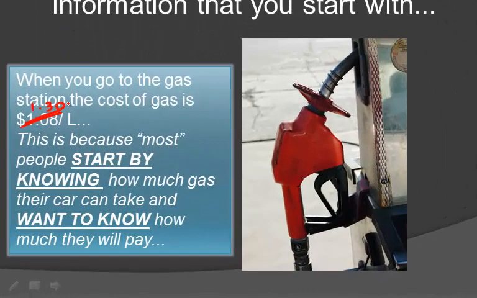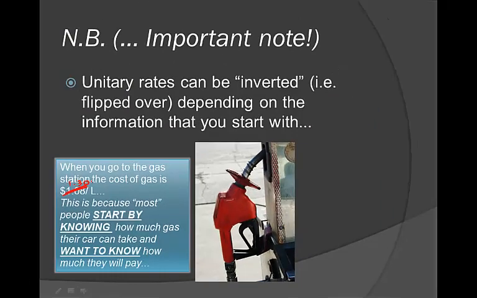That's because most people either start by knowing how much gas can go in their car, so they start with the liters and want to get rid of that unit, or they want to know the amount that they're going to pay, so they want the dollar amount on the top of the relationship.